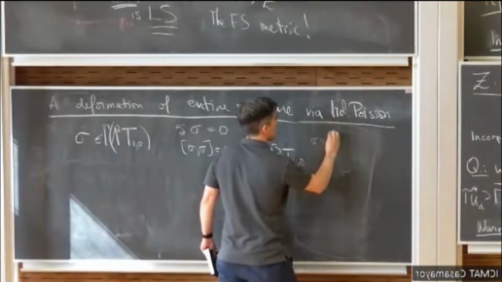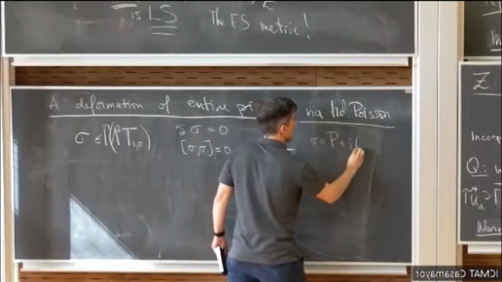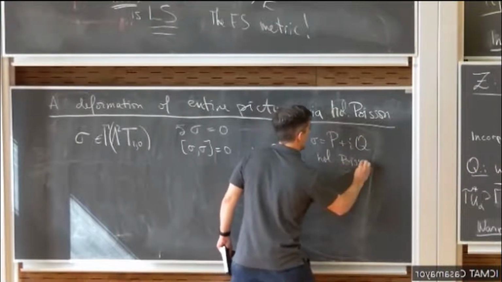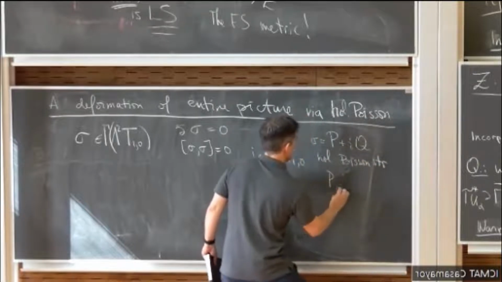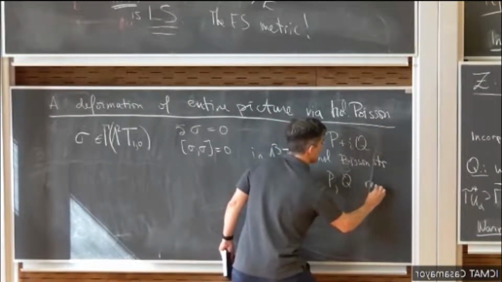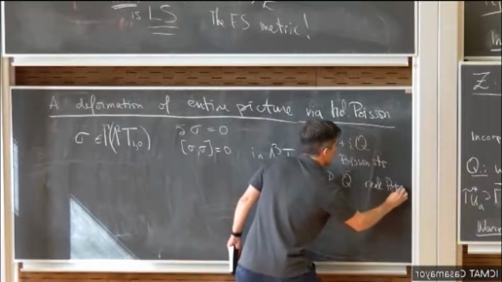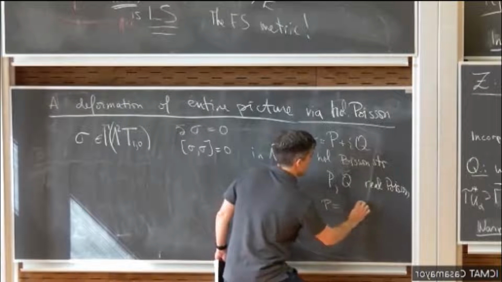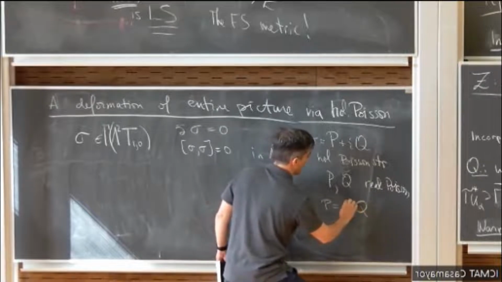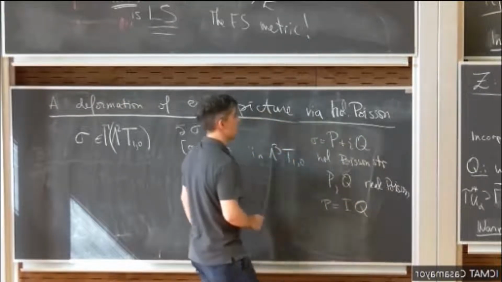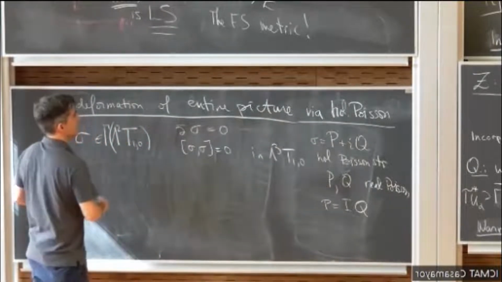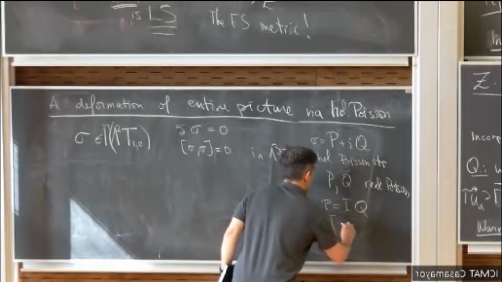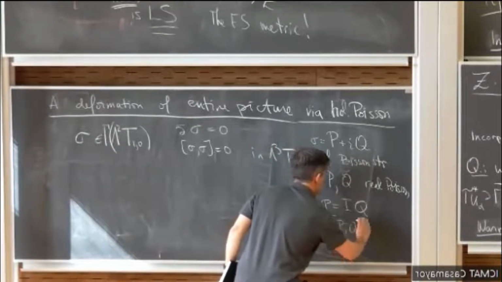And usually I'll write this in terms of the real and imaginary parts. So this is a holomorphic Poisson structure. P and Q are real Poisson structures. And because this is holomorphic, P is just obtained by taking Q and pre or post composing it with the complex structure I. And also the Schouten bracket of P with Q is 0.